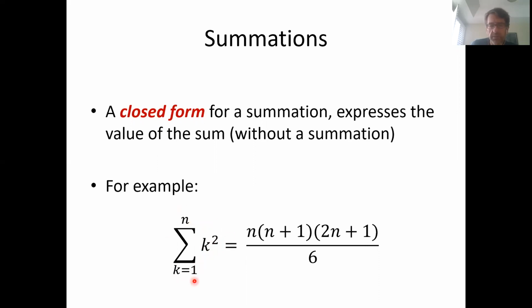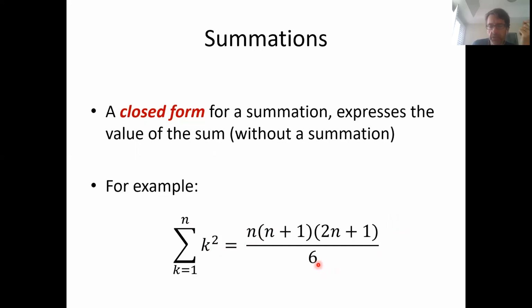In other words, this equals the sum of the first n squares: 1 plus 4 plus 3 squared plus 4 squared, 5 squared, all the way to n squared. And here is a closed formula for it. So that sum always equals this expression.